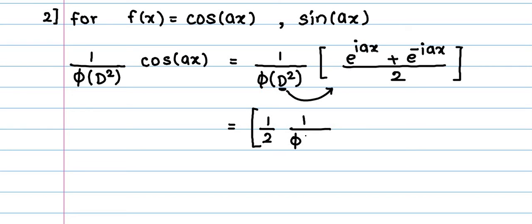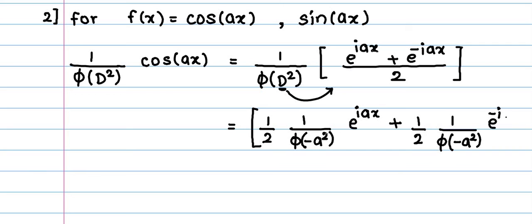Now D square will be replaced by, I square is minus 1, into a square, for the function e raised to iax, plus 1 upon 2 times, again we replace D by minus ia, so D square will be replaced by square of minus ia, which is I square, minus a square, into e raised to minus iax.